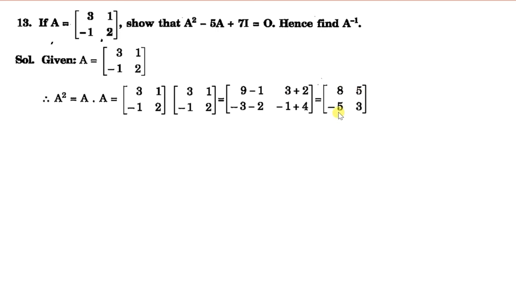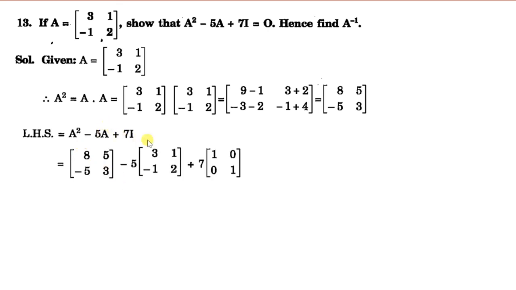Similarly, the lower ones, minus 5, 3. Now put the values of A square, A and I in the left hand side of the given expression. Here I means the identity matrix. Since A is a square matrix of order 2, I will also be of order 2. So put the values of all the terms, and we get this expression.